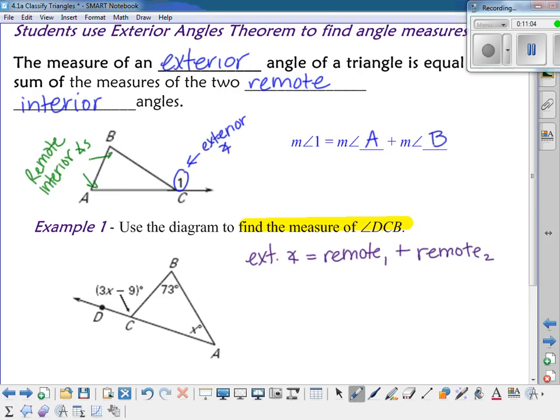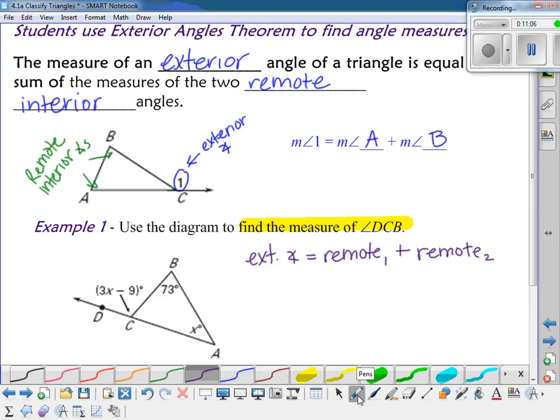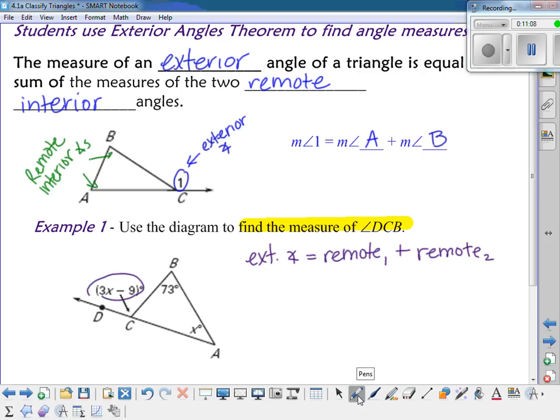Looking at the picture, this is my exterior angle because it's outside the triangle. So 3x minus 9 has to equal the two remotes added together. I've got one remote angle of 73 degrees, and the other one they're just calling x degrees. So 3x minus 9 equals 73 plus x.